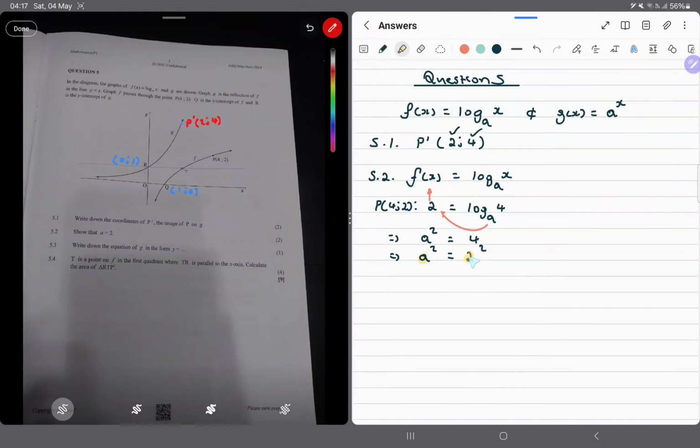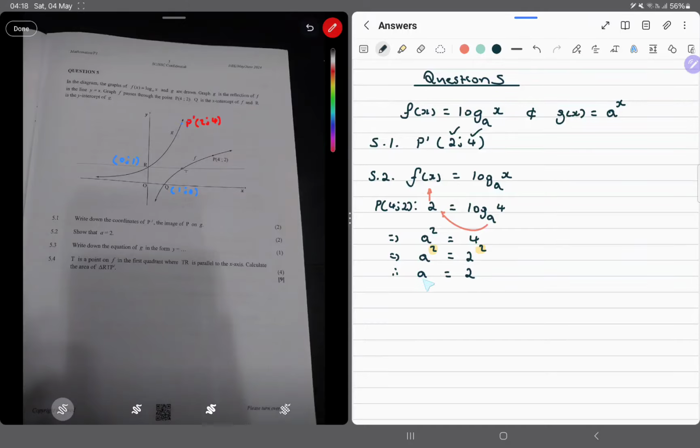Now once we've got powers with the same exponents, we simply equate the bases. So a is 2. But remember, for an even exponent, it means this can be plus or minus 2. But in a logarithmic function or an exponential function, the base is never less than 0.